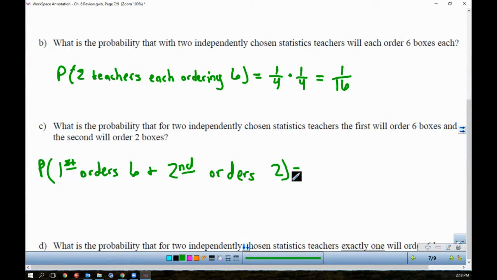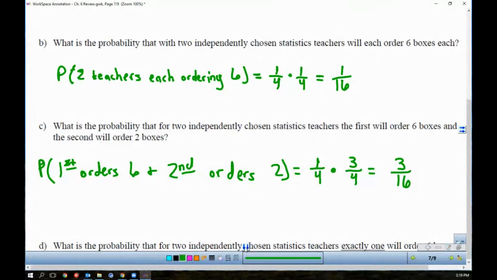So what's the probability that the first will order 6? 1/4. What about the probability that the second orders 2? Okay. 1/4 times 3/4? 3/16.